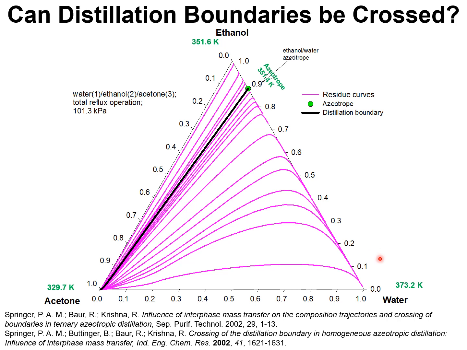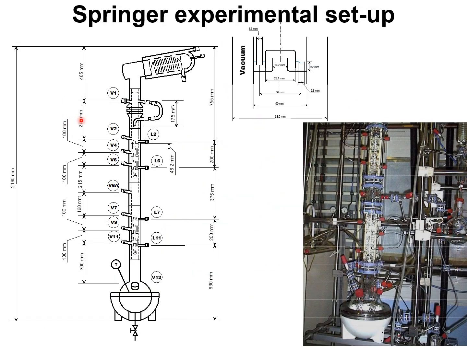So let's first bury Fick's law. This is the experimental setup used by Martin Springer. All the experiments were conducted at total reflux conditions in a glass column that consists of bubble caps, and the vapor compositions at the various locations shown here, and the liquid compositions were monitored.